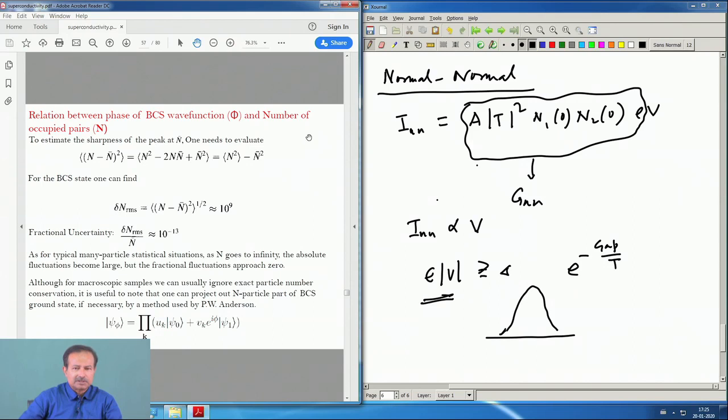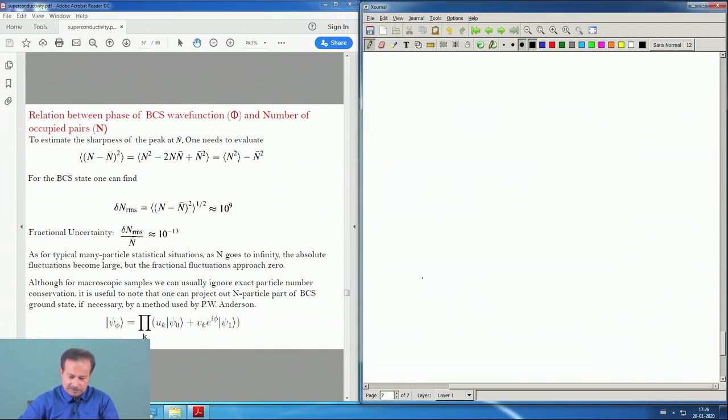There is an issue that I mentioned right in the beginning, at least twice, which is that the superconducting wave function, the BCS wave function, is not an eigenstate of the number. Now, one can actually calculate the fluctuations in number, and one can show that the fluctuations for a macroscopic thermodynamic system can be negligible.